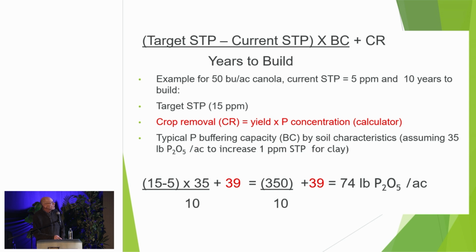The simple removal rate would be about 39 pounds of phosphorus. If you're going to build your phosphorus to that extent over 10 years, you're going to need to apply around 74 pounds of phosphate. Again, we would say this is an approach to doing that, but it should remain flexible based on profitable years. Years like this, you may choose to slow down that build.